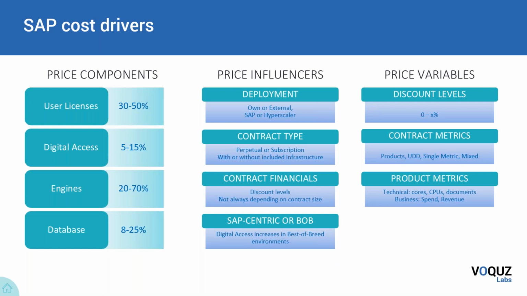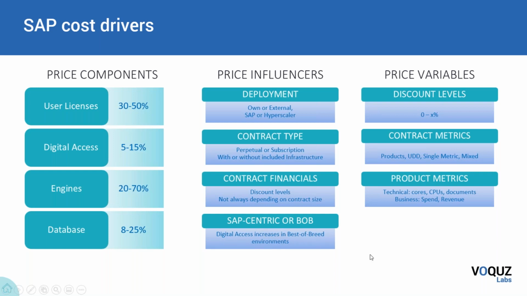So it's important to understand from a price influencing perspective, how does your landscape fit together? And what are the various different factors? If you take best of breed solutions, if you're adding on Coupa or Workday or other types of solutions and not using necessarily the SAP types of solutions, then that has a direct impact on your digital access.